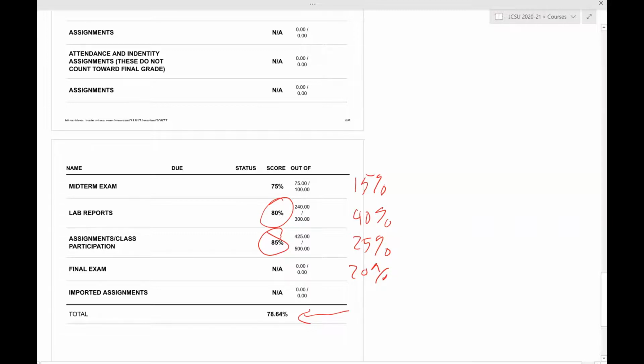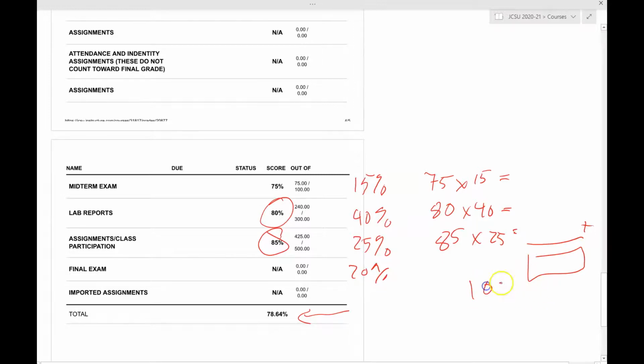So you're taking basically the 75 times 15, 80 times 40, 85 times 25, multiply those numbers out, and then add them all up, and you get a number, and take whatever that number is and multiply it by 100 and divide it by what this summed up to, which is 80. And that gets you your grade out of 100 points there, based on that.